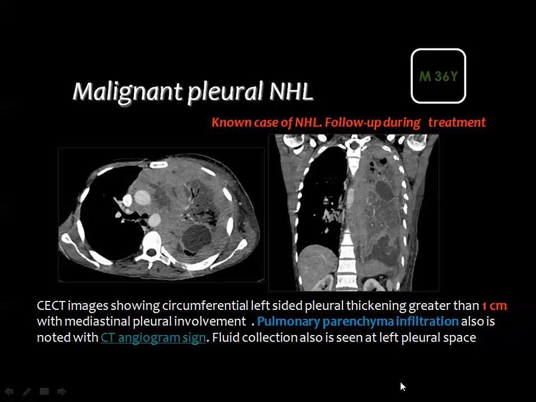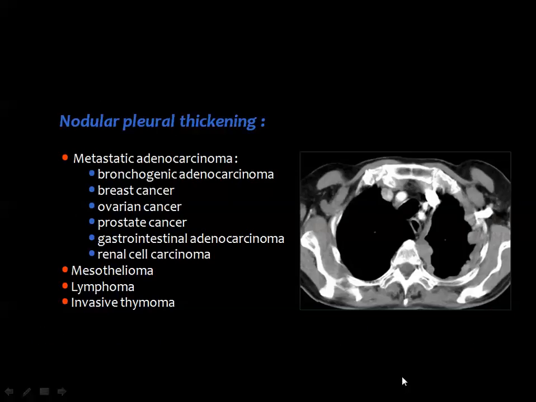Nodular pleural thickening has a differential diagnosis of one of three: metastatic disease, mesothelioma, lymphoma. It is also stated in the literature that some cases of invasive thymoma may present as nodular pleural thickening indistinguishable from mesothelioma.